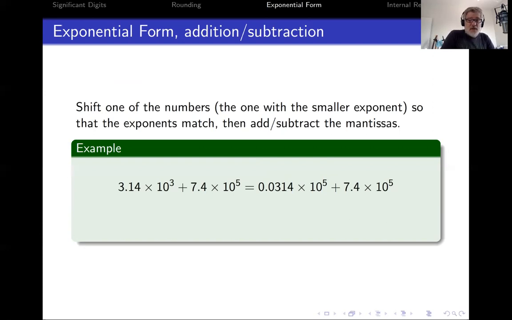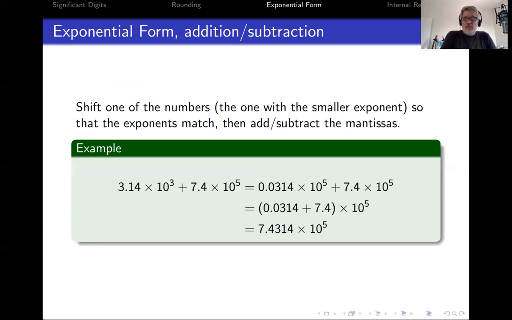So now you have the same exponent, so all you have to do is add the mantissas, and of course it's times 10 to that same power, 10 power 5 here. So you get, in this case, 7.4314 times 10 power 5. Notice again that we started off with two numbers.